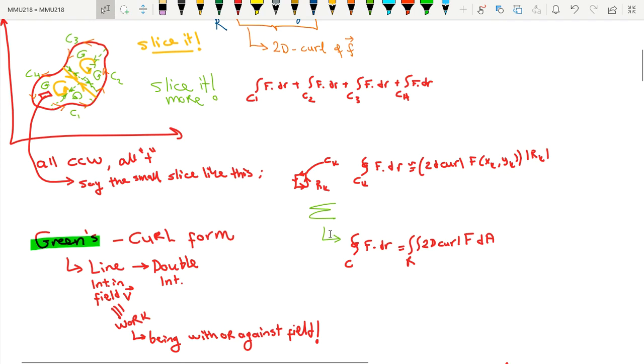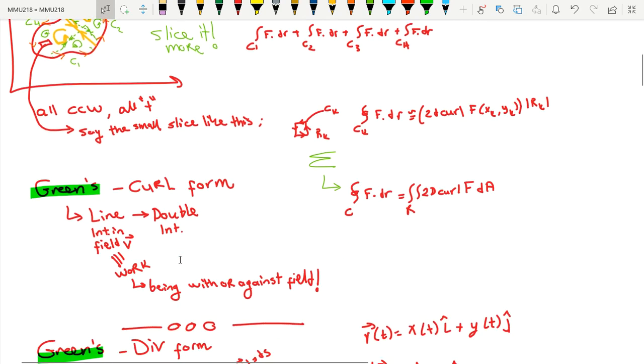Okay, so that's like the baseline definitions we could speak of. And so let's remind it again. A line integral in a field V, a vector field, which is equivalent to work, and am I with or against the field, that will give me the line integral.